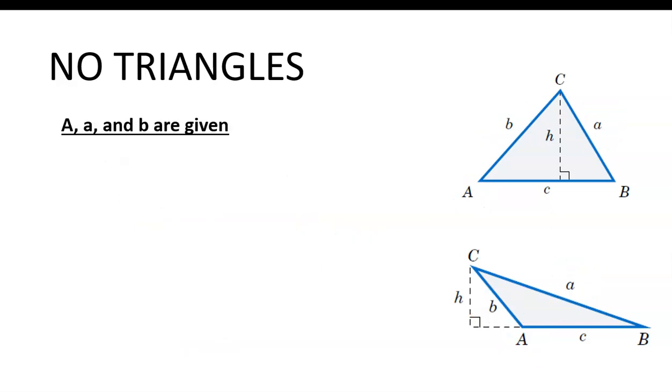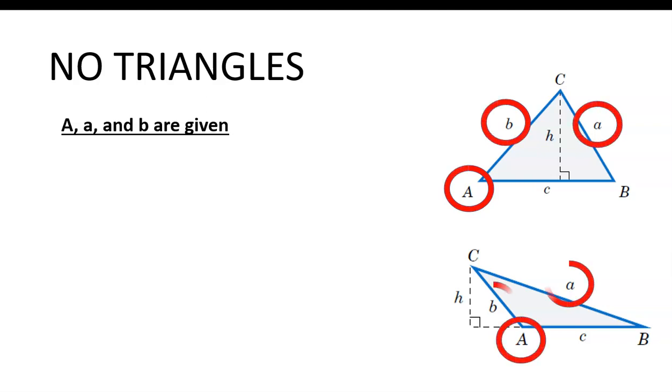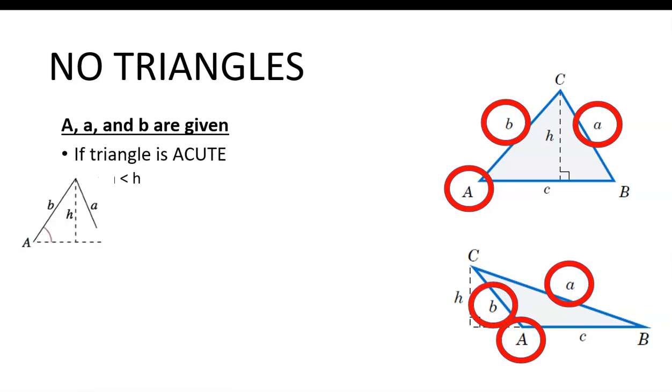Okay, what happens in no triangles? Again, they'll give us our A, B, and C. So how are we going to know that there's no triangle? If the triangle is acute and A is less than H, obviously you can see in this picture that if A is less than H, it won't even reach the bottom base.